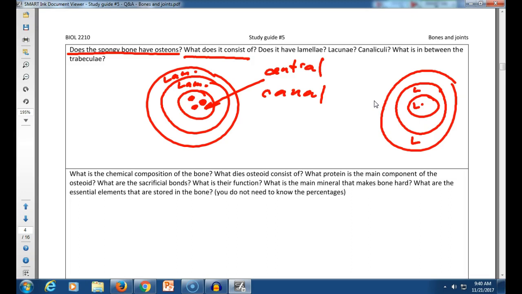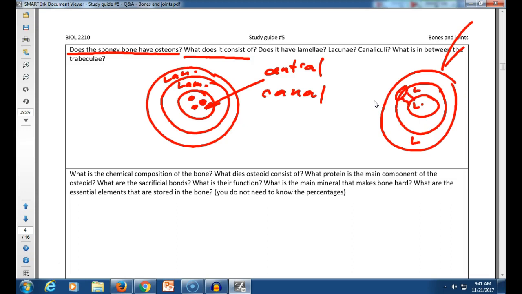Each of those tiny lattices, if you cut it across, is going to consist of several concentric lamellae. Does that make sense? What I pictured here is one projection of the trabecular bone, one trabecula. Still you have lacunae, you have canaliculi, okay?